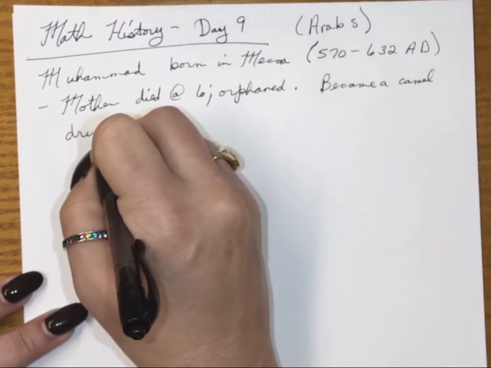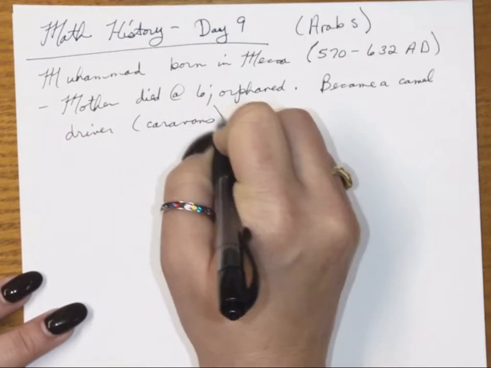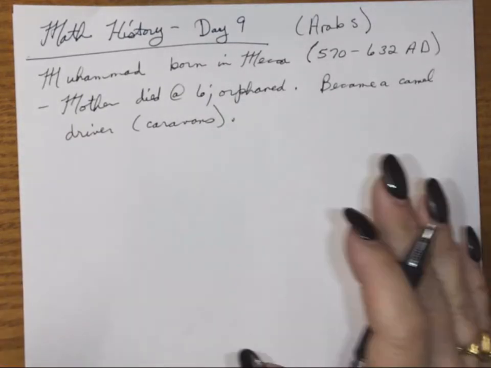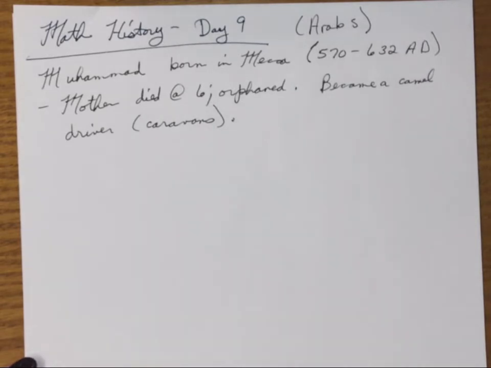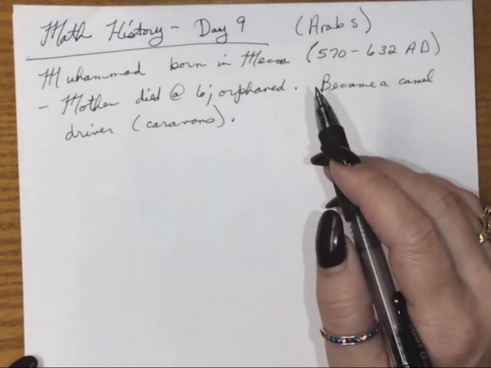He was in caravans, driving, trading items, whatever it may be. It could be salt, or it could be olives. I don't know what it was, but he would be driving a camel in a caravan.